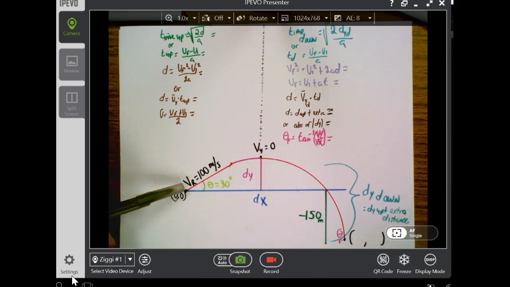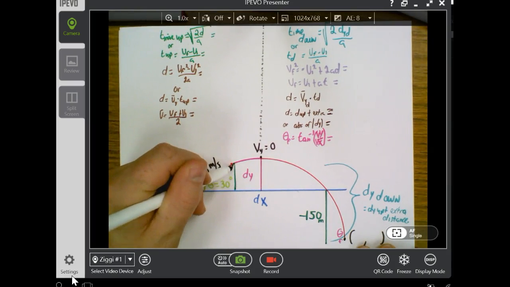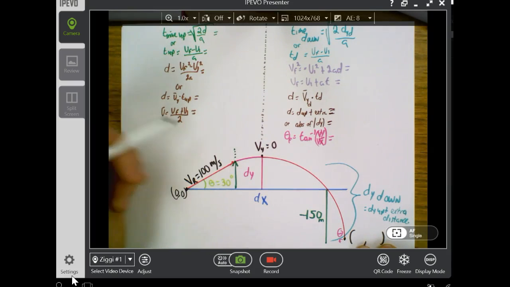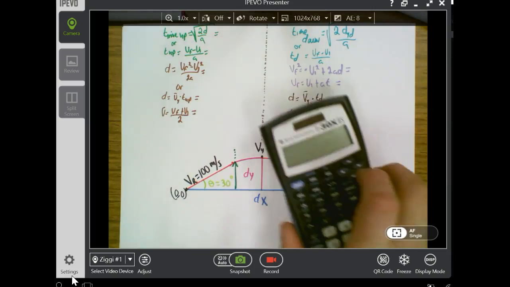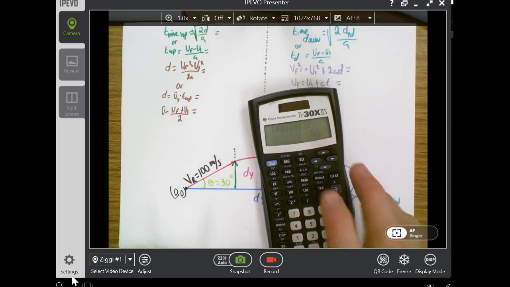First of all, velocity is 100 meters per second at an angle of 30 degrees, which means what part of it is Vy. So we want to figure out this Vy component here. Well, I go 100 sine 30, and it tells me that it's 50.